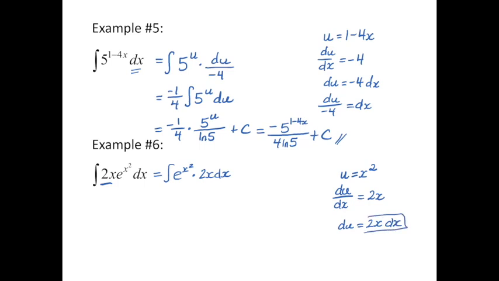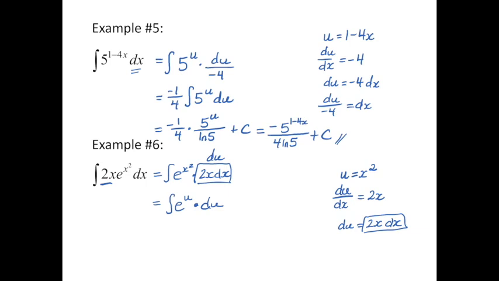That means this is the same. So we can say, well, this is really just du. So this is equal to e to the u, because u is equal to x squared, times just du.